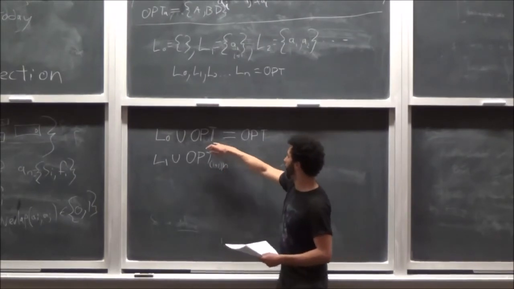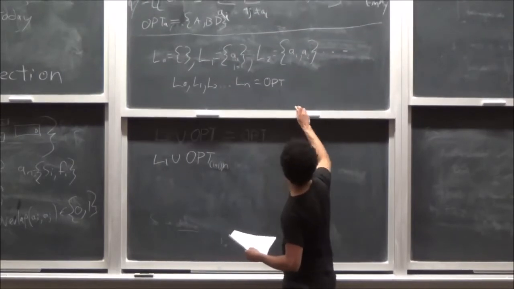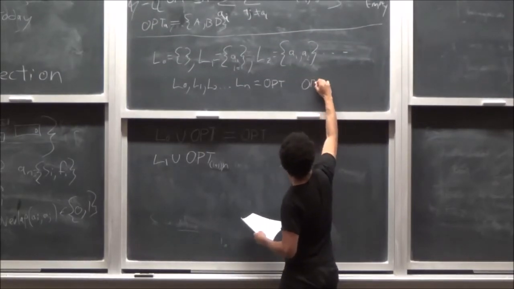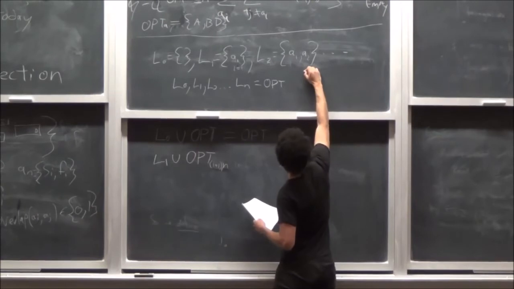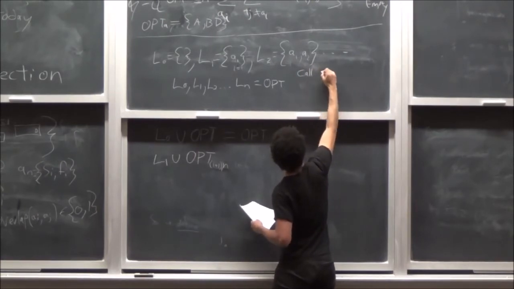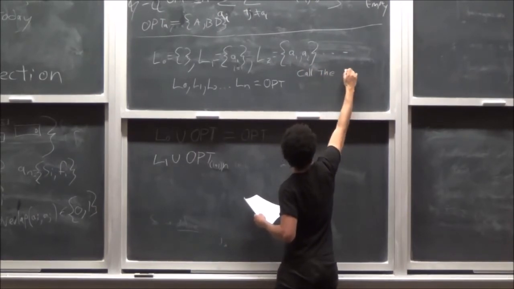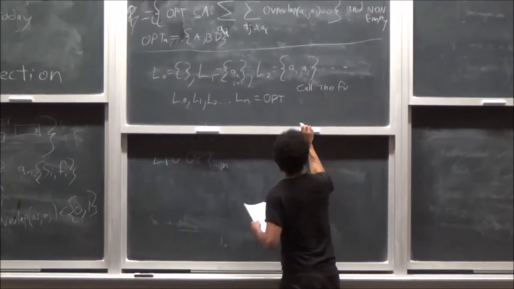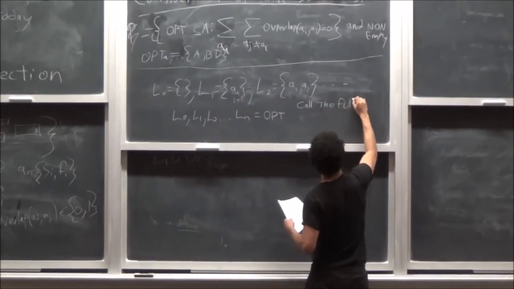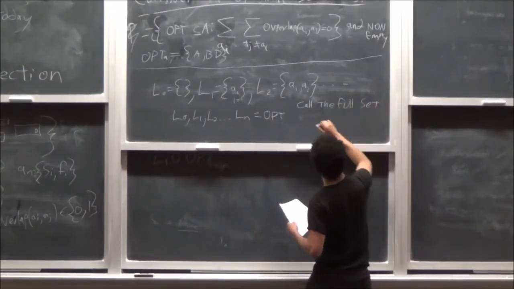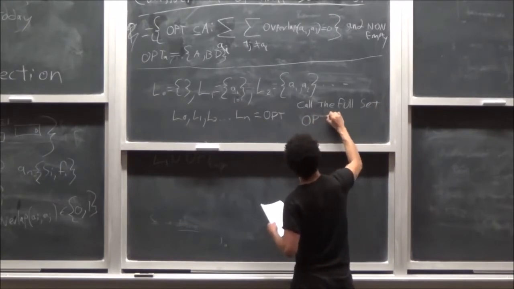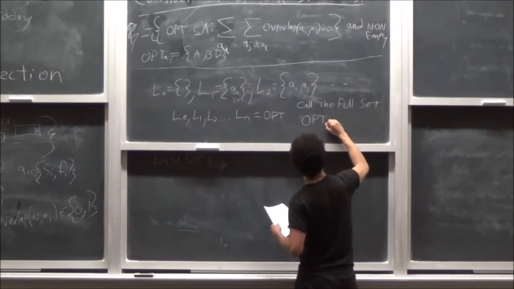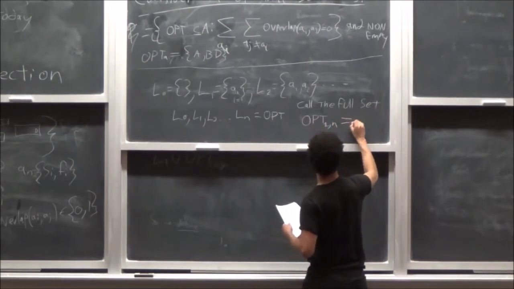Okay. So the full optimal set would be denoted, let's call it, 1 to n. So this is equivalent to OPT.